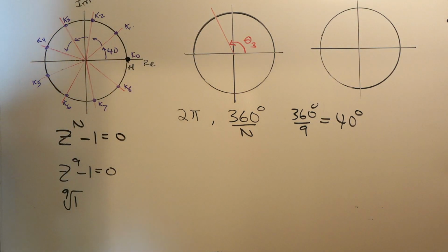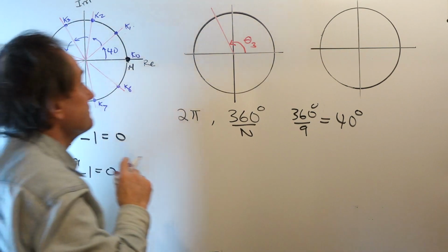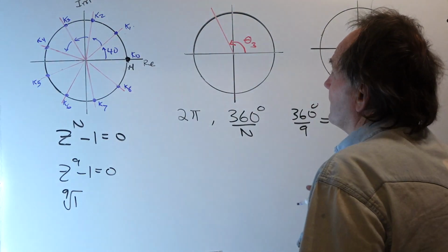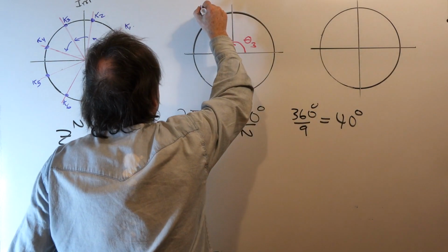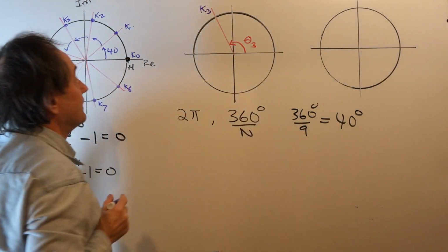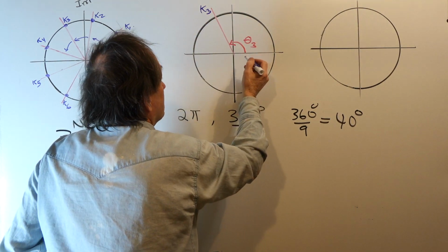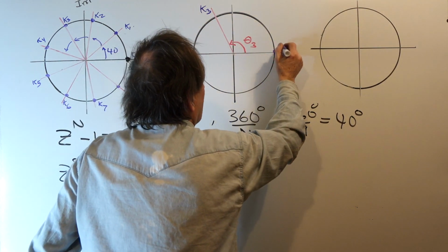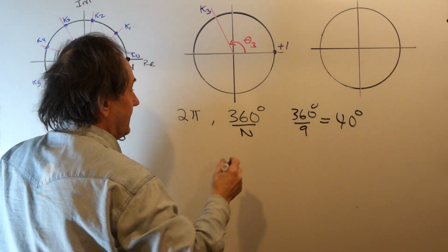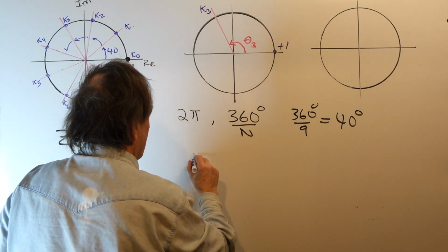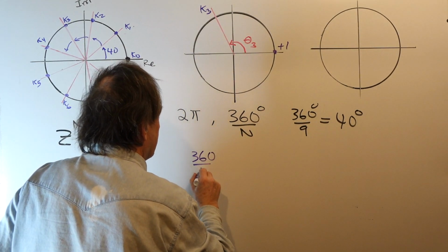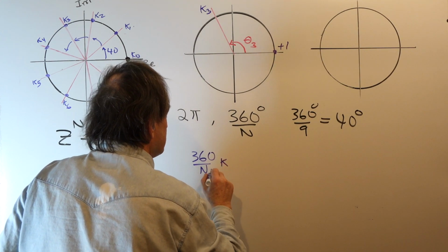Now, to find the actual values for these roots, we just use some trigonometry here. Let's say we want to find the K3 root. Well, we rotate from +1 by 360 divided by n times k.